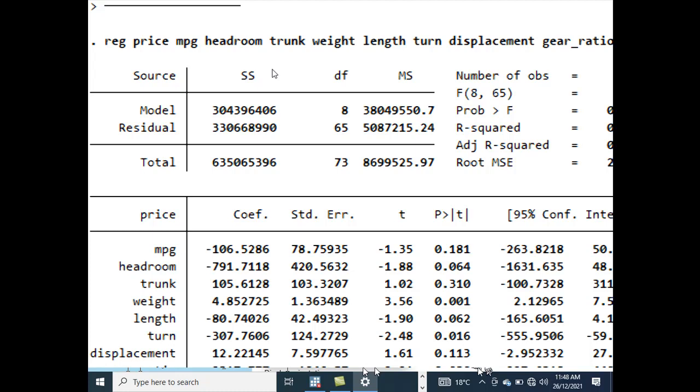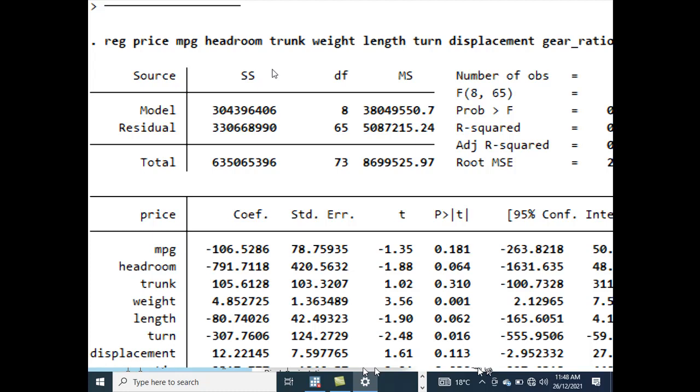Overall significance means that forget about the individual variables for the time being. Forget about what is the individual effect of MPG on price. What is the individual effect of headroom on price. Consider all of them as one group, right? The 8 explanatory variables, यहाँ पे जो आपने 8 explanatory variables दिए हैं, what is their joint effect on Y?